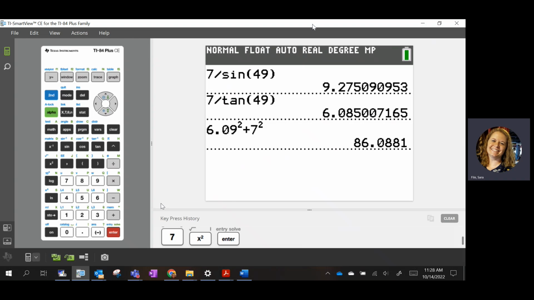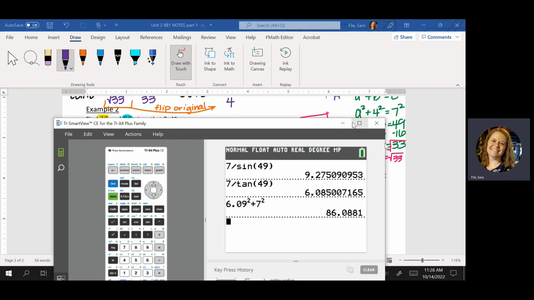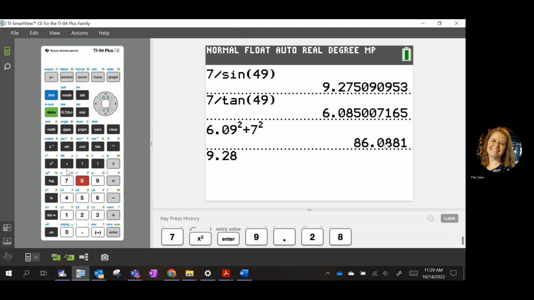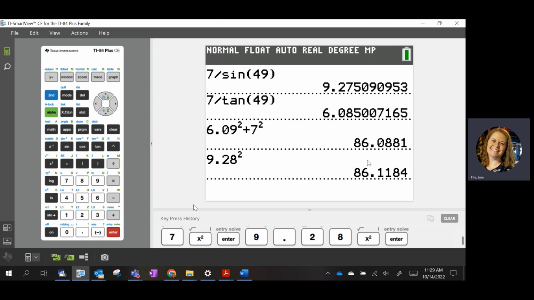Okay, and then we said the hypotenuse came out to 9.28. So 9.28 squared. Yeah, those came out the same. Now, it's not exact decimals because these are rounded numbers, right? We rounded those, so it's not exact, but pretty darn close. So Pythagorean theorem checks out those side lengths that we got.